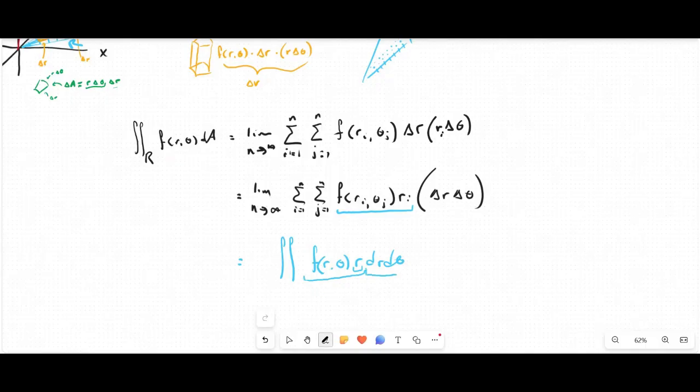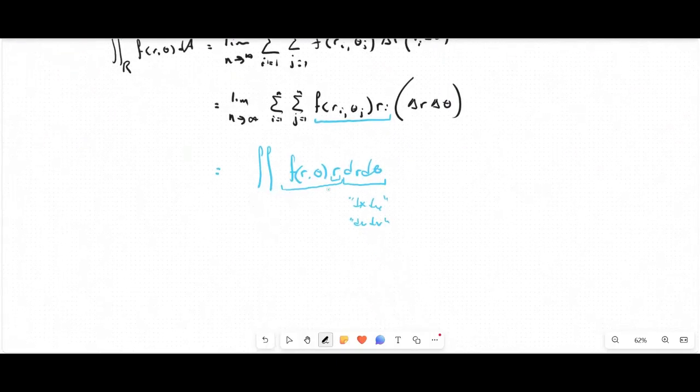And now we get dr d theta, which is the same thing, let's say, as dx dy or du dv or anything else. We already have a means of doing integration iteratively, right? First we do dr, then we do d theta or whatever. The fact that we're doing polar coordinates is encoded by that r right there.